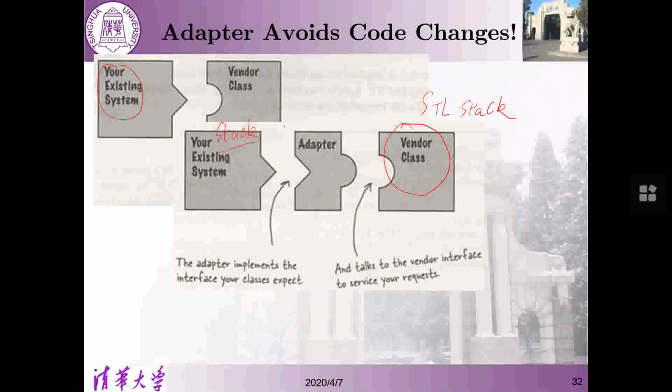The interface may be similar, but maybe there is some tiny difference between them. Then we can create an adapter class to adapt the STL stack to our needed stack. Okay, and this is the adapter.